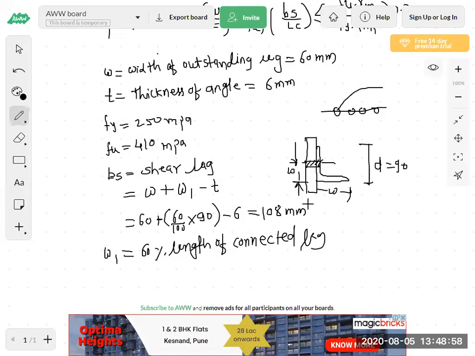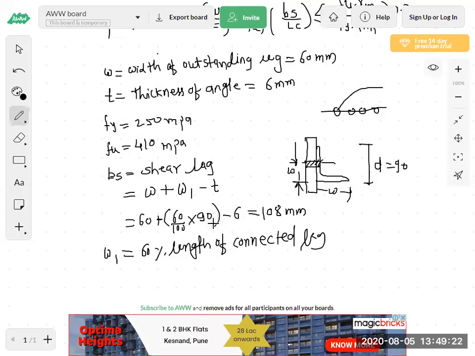W is nothing but the width of the outstanding leg. W1 is the distance from the center of the bolt to the edge, and we always take 60% of the connected leg. So this leg is the connected leg: 60% of 90, that is 60 divided by 100 into 90.